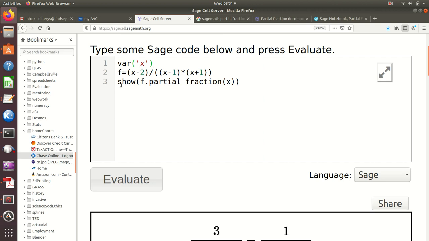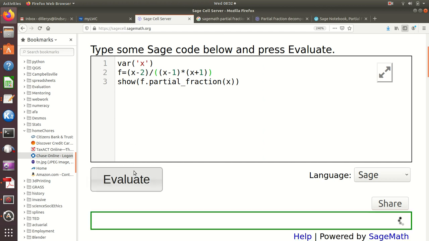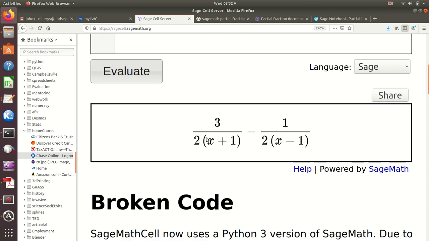And then I said show, so I could see it, f.partial_fraction(x). Now in this case, where all I have is x and some real numbers, I don't know that I need that, and we can experiment real quick and try that. But I'll evaluate this again, just to show it does evaluate.